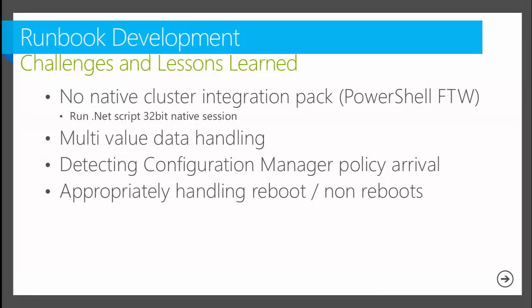However, if you're not aware, the Run .NET Script environment that Orchestrator invokes with PowerShell is a 32-bit environment. However, the 2012 failover cluster cmdlets are 64-bit. So there was a little bit of trickery that we have to do to run 64-bit cmdlets from the Orchestrator Run .NET Script activity. I'll show you what I did.